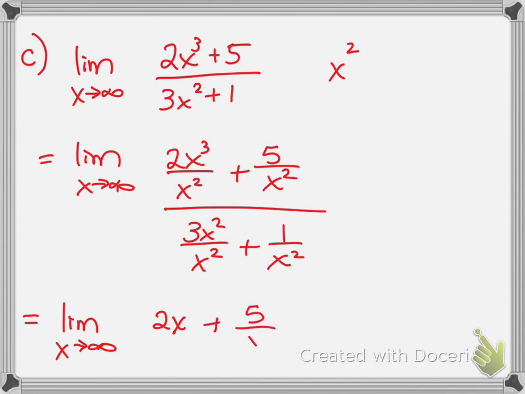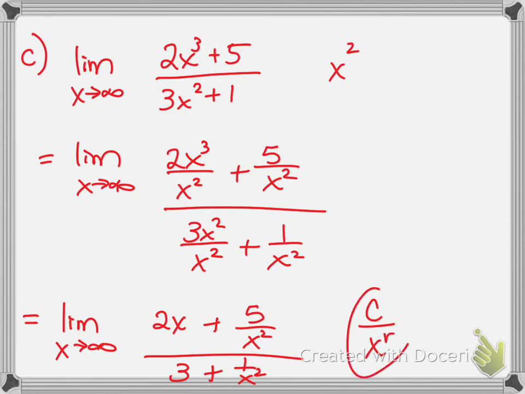That's different. And then everything that's in the form of a constant, or c divided by x to the r, is going to go to 0.